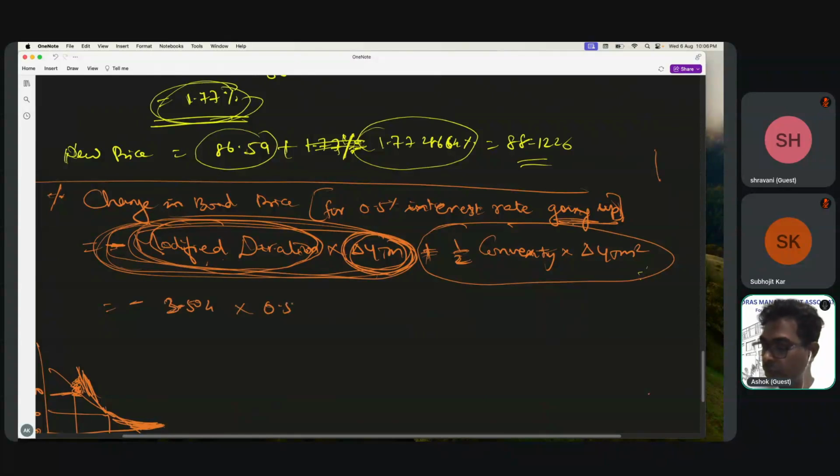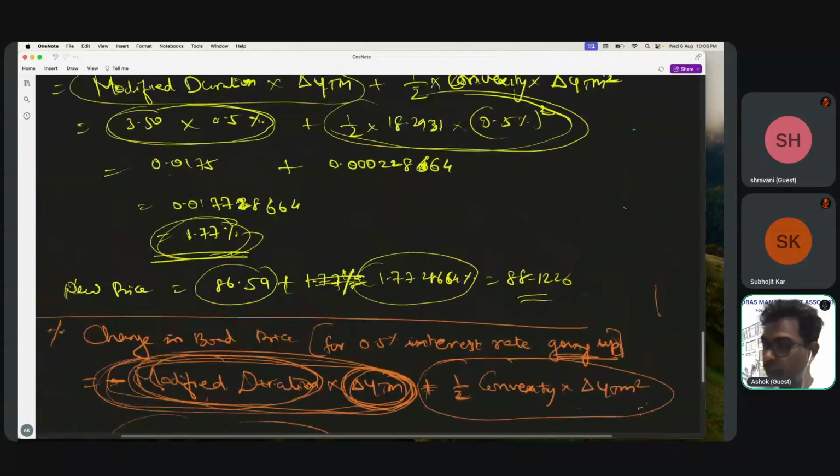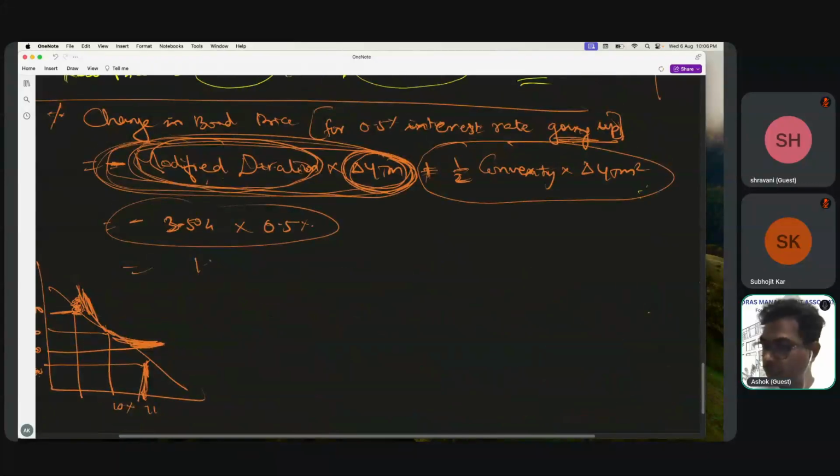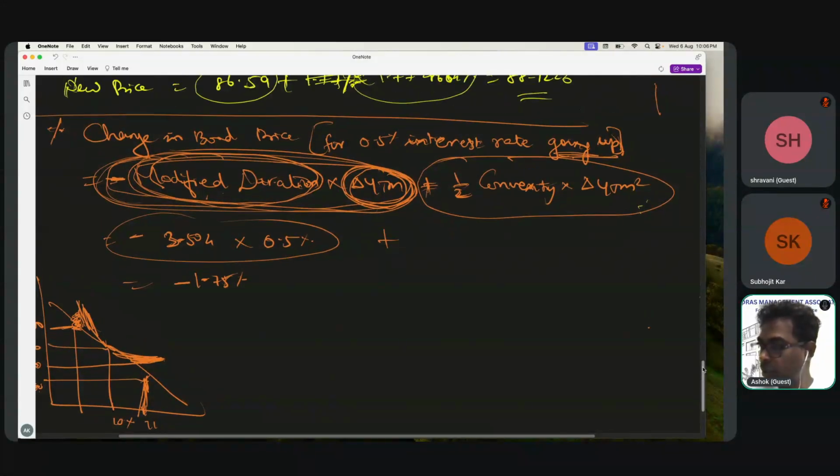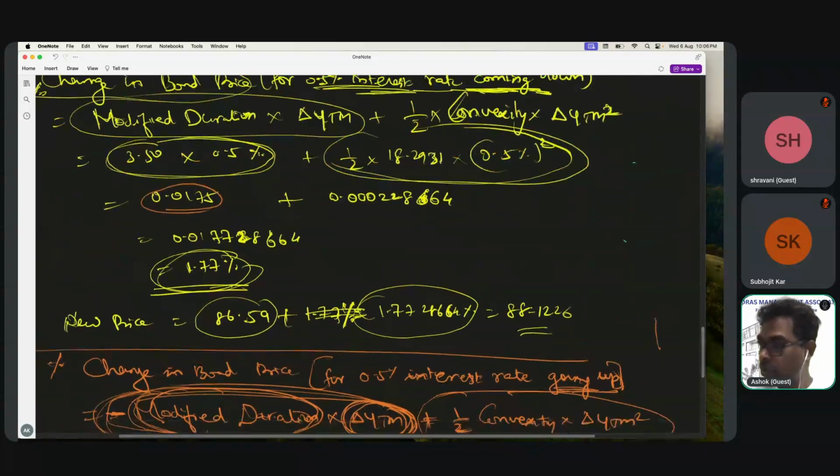into 0.5 percentage, which came to what? You already calculated here, 1.75 percentage. Okay, so I'll write in percentage, but it is in minus, plus. Now, this also you already calculated, right? Yes, this is already calculated.